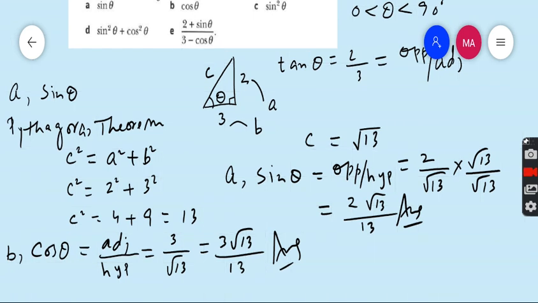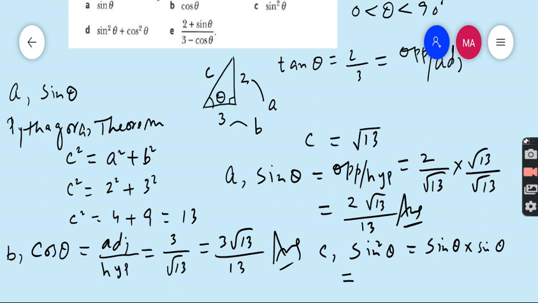Part C is sine square theta. Sine square theta means sine theta multiplied by sine theta. So what is the answer of part A?